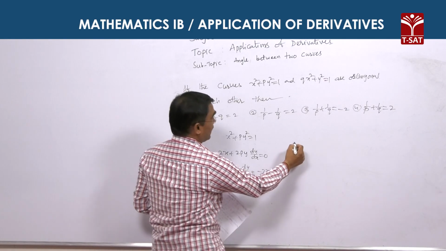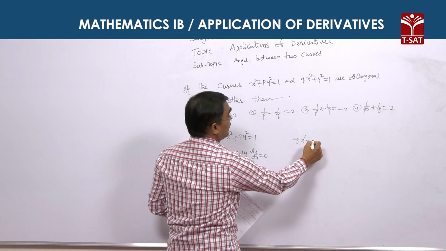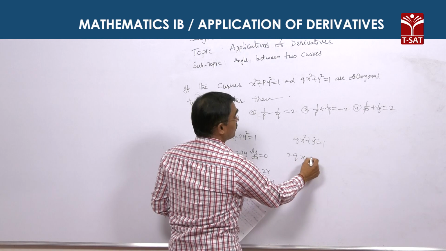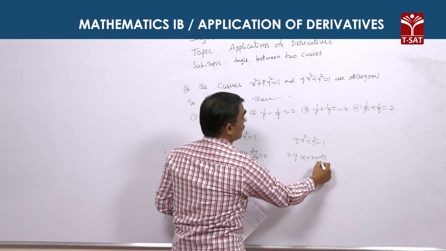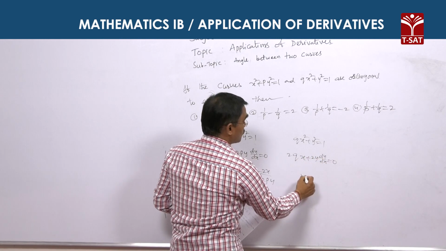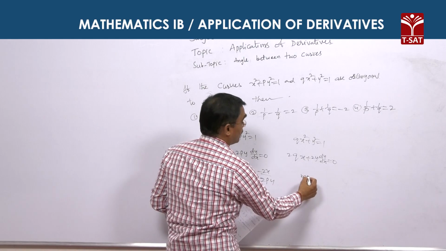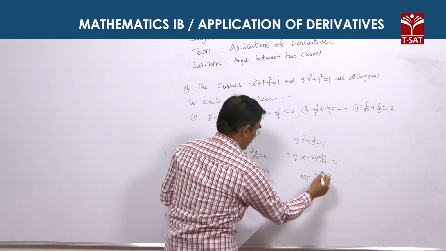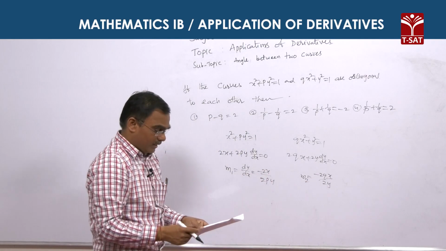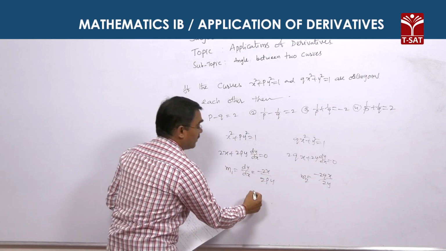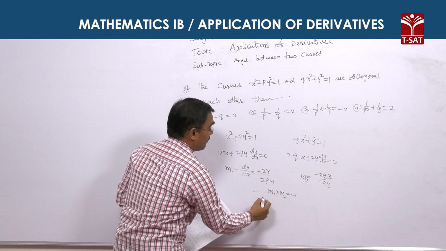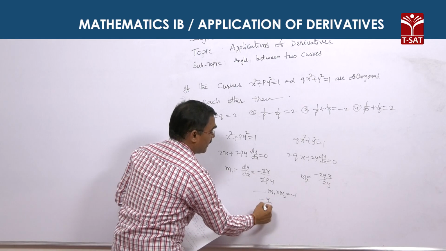The second curve is q x square plus y square is equal to 1, so 2q into x plus 2y into dy by dx is equal to 0. The slope of the tangent to the second curve is minus 2qx by 2y. Since the two curves cut each other orthogonally, m1 into m2 is equal to minus 1. The value is minus x by py.